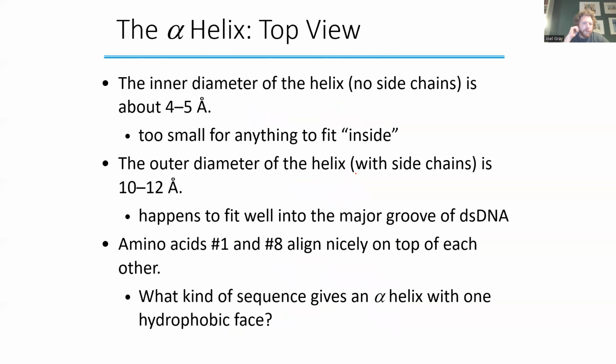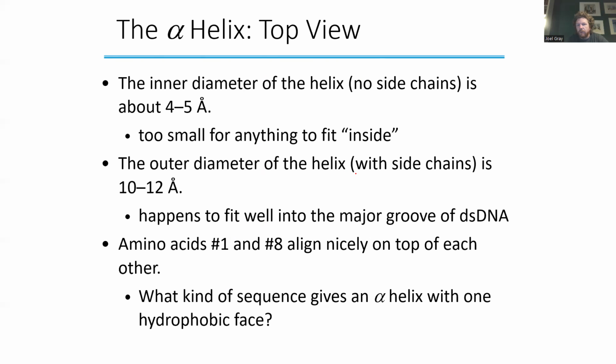Okay, now the top-down view of an alpha helix: the inner diameter of that helix without side chains is approximately 4.5 angstroms. That cylinder, that central cavity, is too small for anything to fit inside.